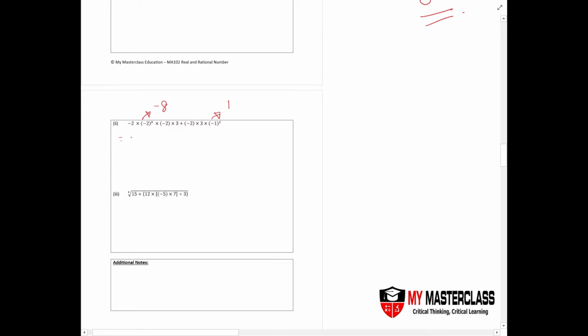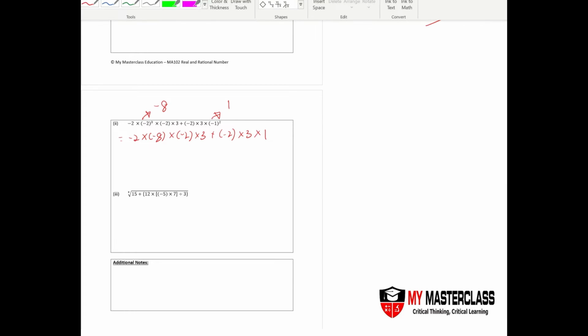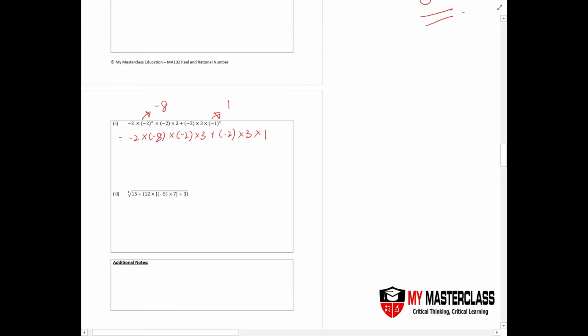Therefore I'll have negative 2 times negative 8 times negative 2 times 3 plus negative 2 times 3 times 1. Once I'm done, what will I do? The next order will be division, but there is no division here. So I will do the multiplication. Take these two, this multiplied, I'll get 16. When I multiply this, I will get negative 6.